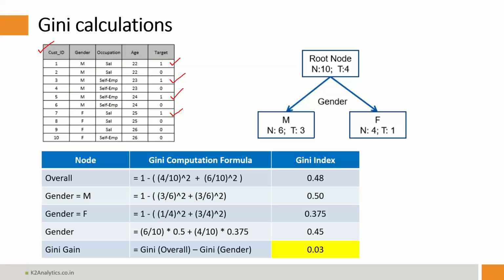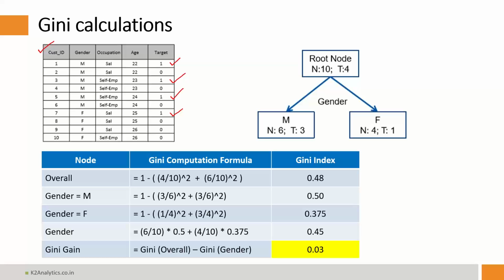I want to find the Gini of the root node, step 1. And I want to find out which variable the root node should be split on. Should I split based on gender or occupation or age?